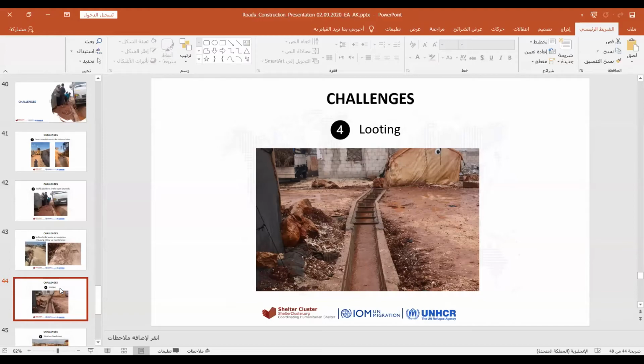A closed channel. You can see that here we built a closed channel, and it was actually closed, and as you can see, the looting has taken place.